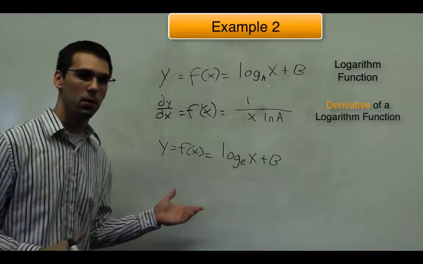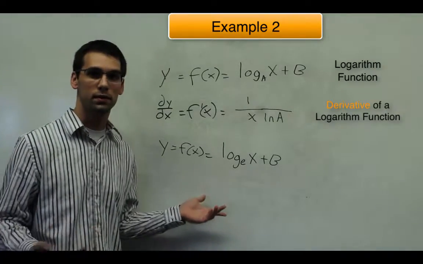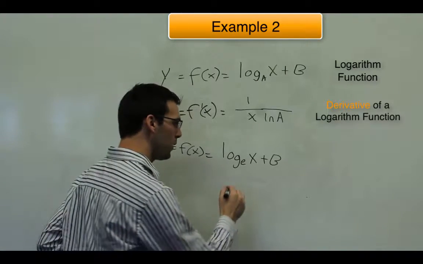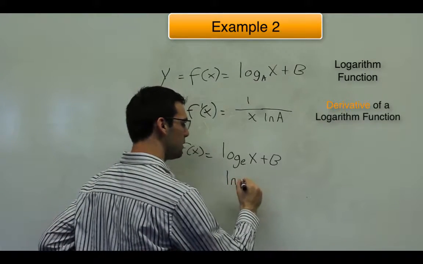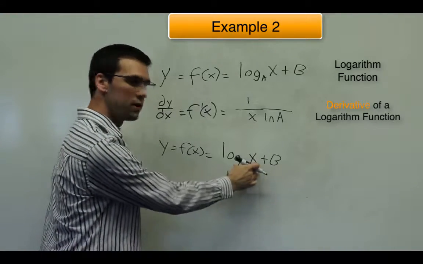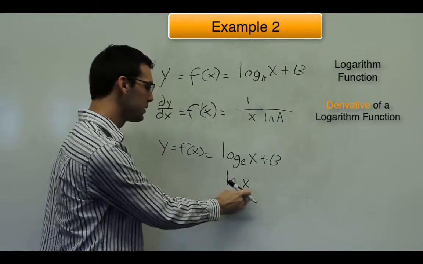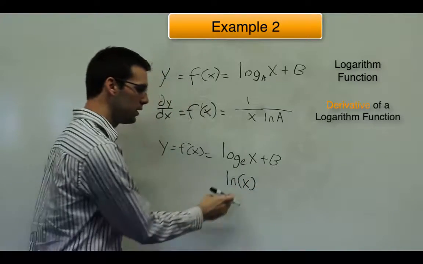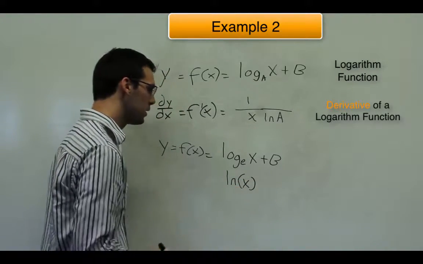Now here's an important part to note: different notation that might be used. A common way to write this is ln of x. Log base e of x is the same as ln of x. Could be that your professor uses parentheses here, natural log of x.